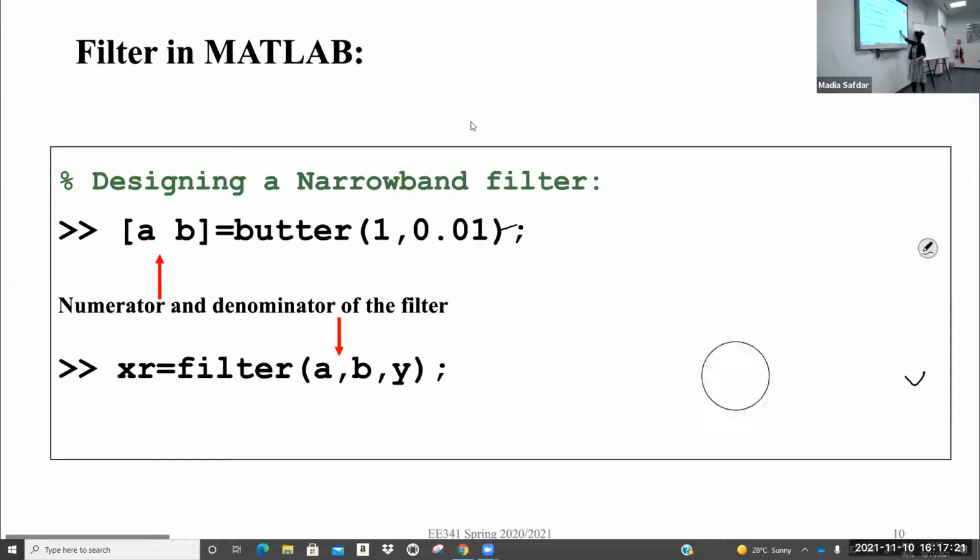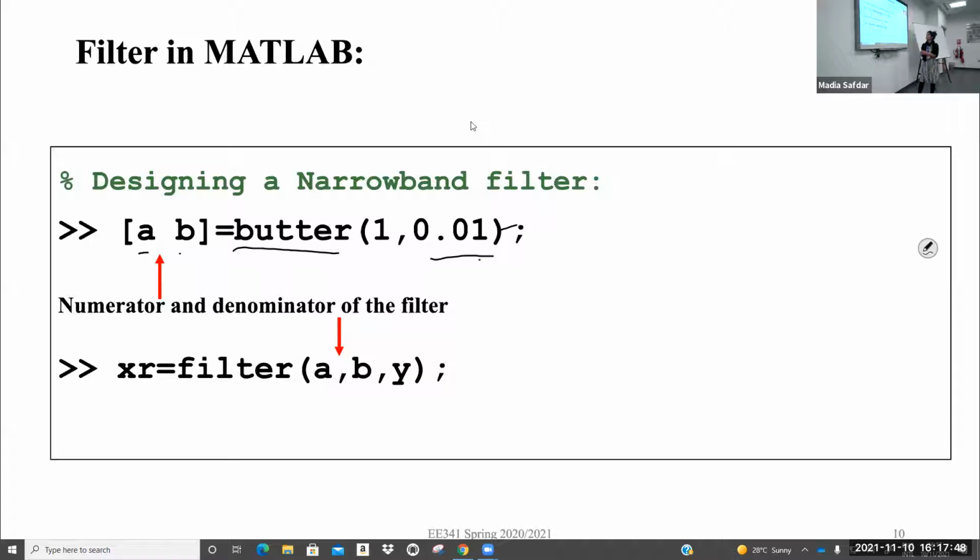So how to design the filter? In your signals and systems course, did you study filters? Filter response, Butterworth filter, Chebyshev filter. This is a type of filter, the Butterworth filter. It has this frequency and this order, and then these are the numerator and denominator of the filter.